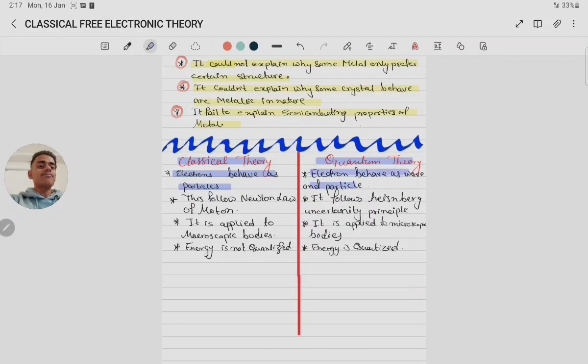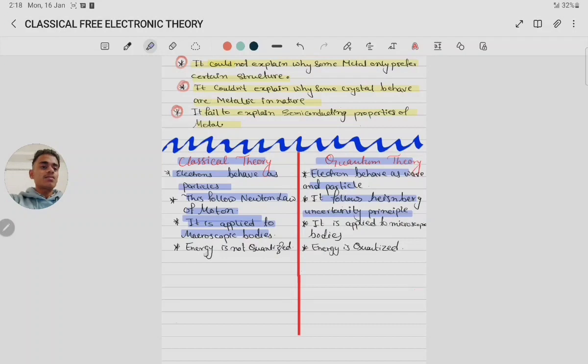And the second difference was that the classical theory follows Newton's law of motion, but the quantum theory follows the Heisenberg uncertainty principle. Okay, that was the second difference between both of them. And the main difference between classical theory and quantum theory was that classical theory is applied to macroscopic bodies. Macroscopic bodies are bigger than microscopic bodies.